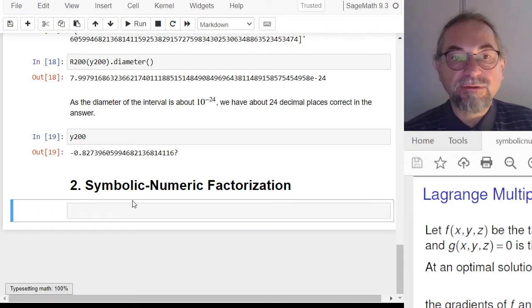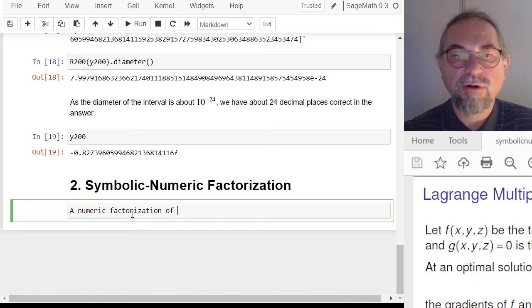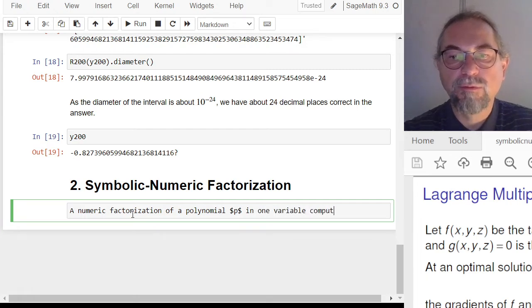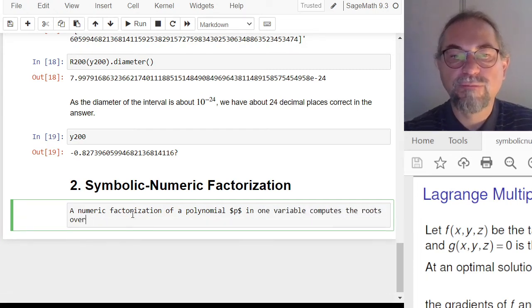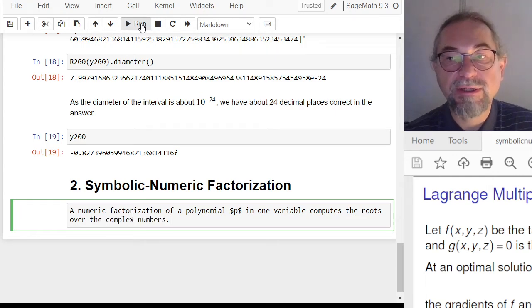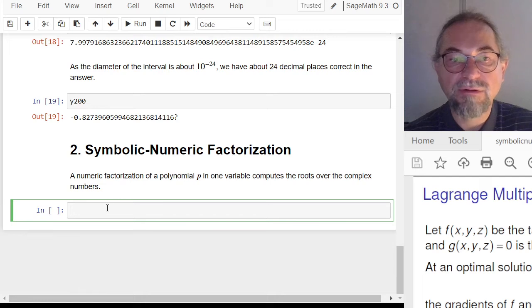A related topic is the factorization. So a numeric factorization of a polynomial p in one variable computes the roots over the complex numbers. So essentially applying the fundamental theorem of calculus.